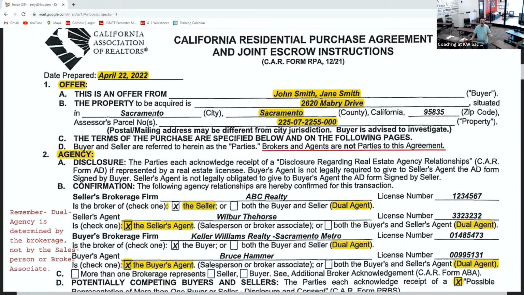North Highlands, you will not find a city named North Highlands. There's an area known as North Highlands, but it's not a city. So if you left this blank for a North Highlands purchase offer, that would not destroy the validity of this contract. It doesn't hurt to put it in really, but if you missed it, it wouldn't matter.